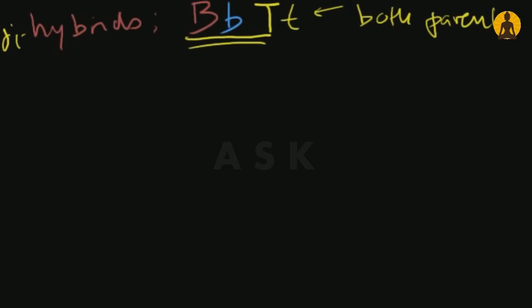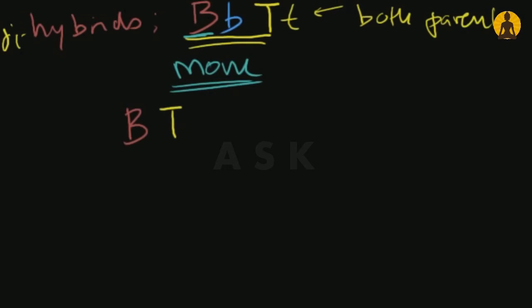So if I'm talking about the mom, what are the different combinations of genes that the mom can contribute? For each of these traits, she can only contribute one of the alleles. So she could contribute this brown right here and then the big T. So this is one combination.